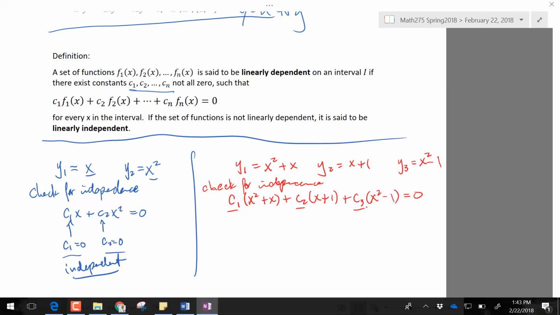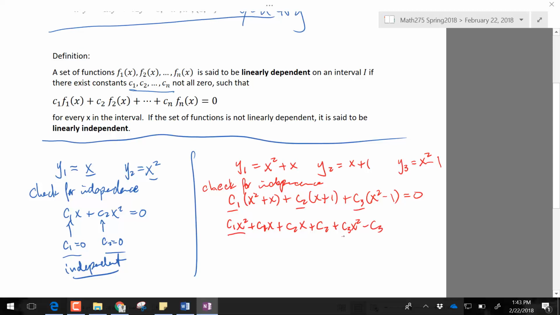We're not going to plug in values for x. We're just going to let x be a variable, and we're focused on solving for c1, c2, and c3, not x. So let's see: c1 x squared plus c1 x plus c2 x plus c2 plus c3 x squared minus c3.